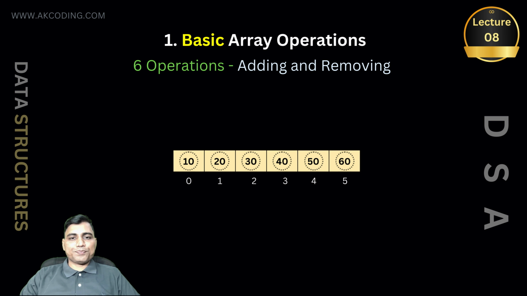Removing elements: removing an element from the start of an array, from the end of an array, and from a specific position of an array. These operations form the building blocks for working with arrays efficiently in many programming languages.